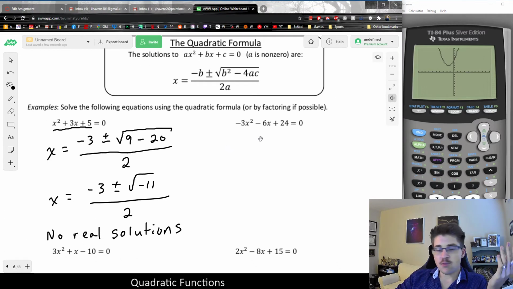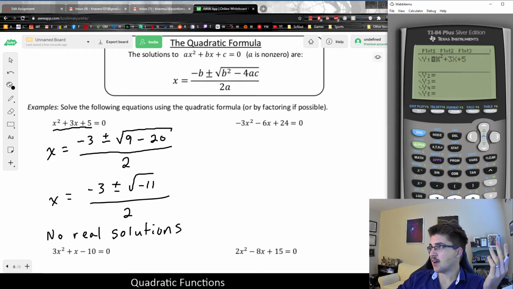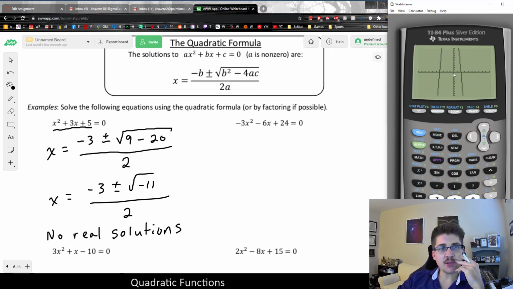Though sometimes you have quadratics that cross the x-axis, like if we were to look at this quadratic and graph it, negative 3x squared minus 6x plus 24. Sometimes quadratics do cross. And if I'm looking at the graph, this is actually another way you can solve a quadratic equation, by graphing, setting it equal to 0 and graphing it.